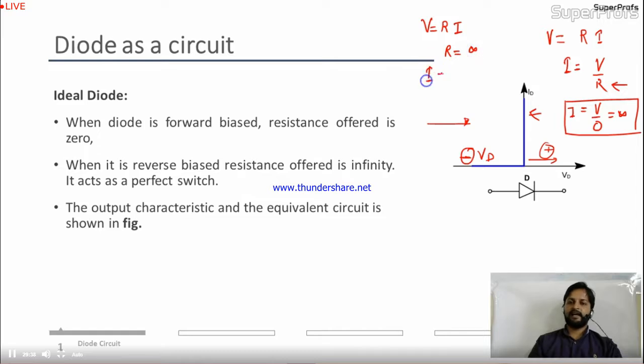In this case, I equal to V by R. V by infinity is nothing but 0. I is 0. This blue line shows the current in reverse biasing is 0. Current ID is 0. Is it okay? So these are the characteristics of the ideal diode in forward bias and reverse bias conditions.